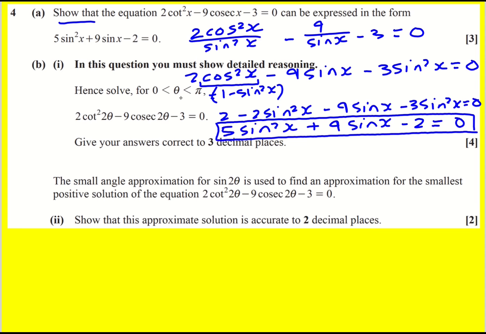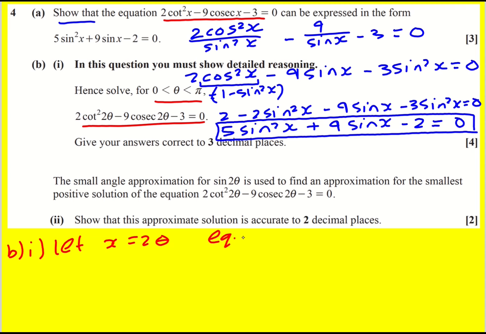Now we're asked to show detailed reasoning and solve in radians between 0 and pi theta this equation here. It's very similar to what we've had before. So I'm just going to let x equal 2 theta, and this means the equation will become 2 cot squared x minus 9 cosec x minus 3 equals 0.